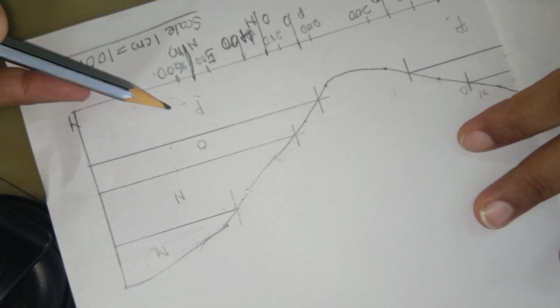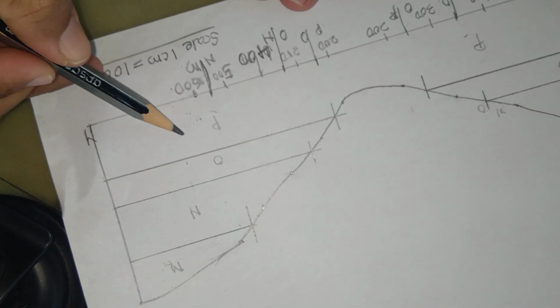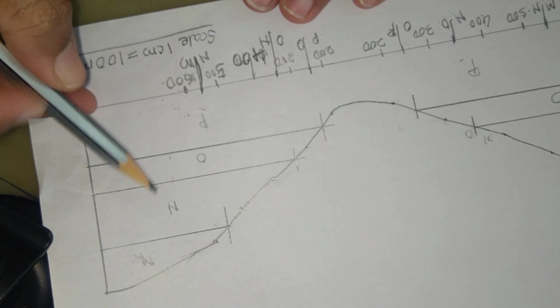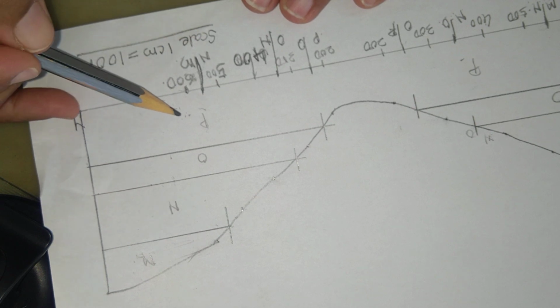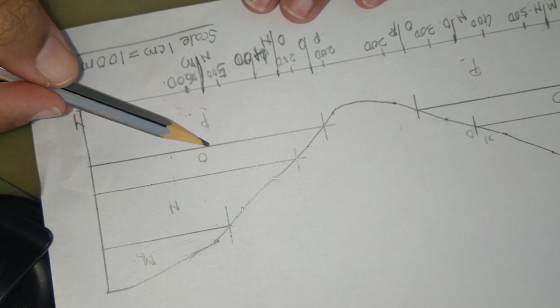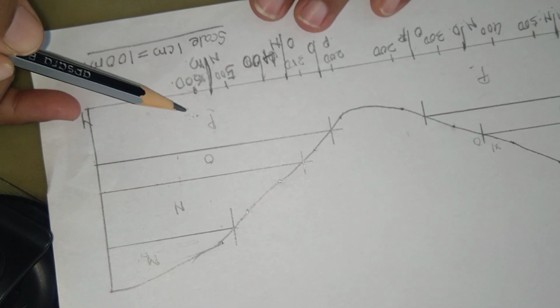So we will write the geological history like this: in the area during sedimentation by various geological agencies like wind and water, the deposition took place.